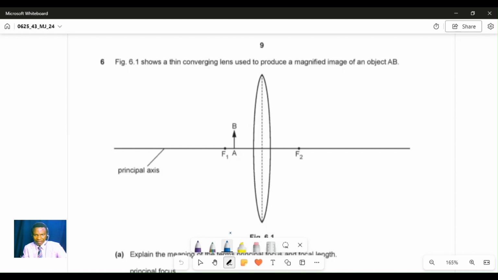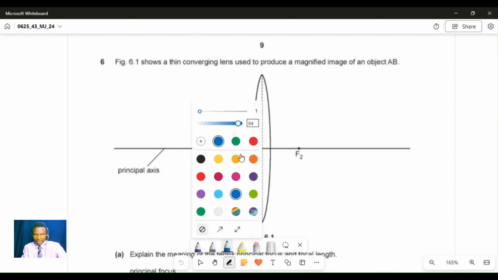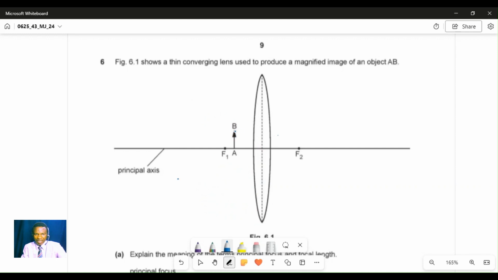So we take a ray that is parallel to the principal axis, from the top of the object. This ray, on passing through the lens, is refracted through the principal focus, that is F2.